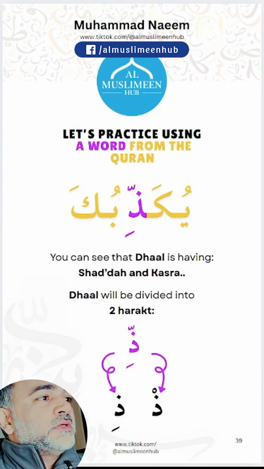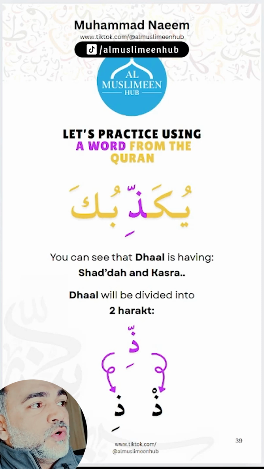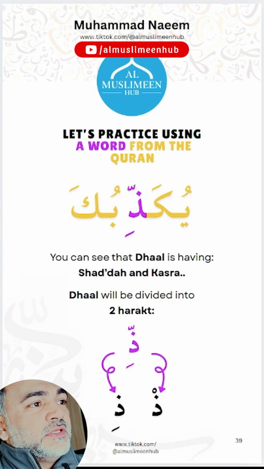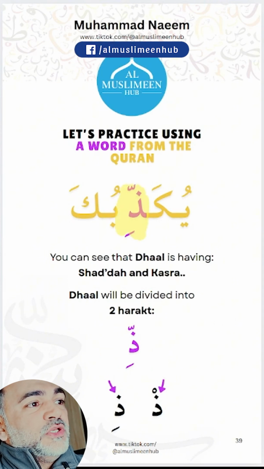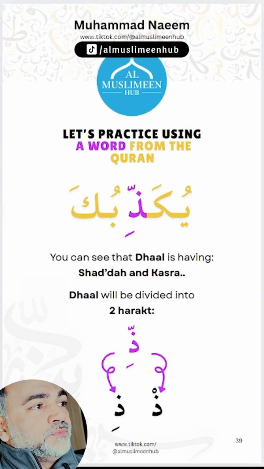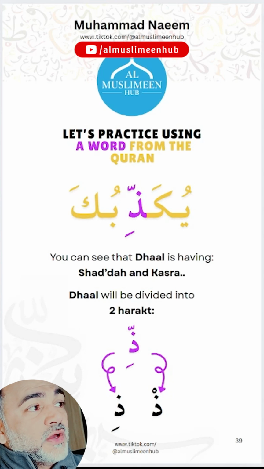As you can see here, there is another example that we will break into two components, and you know which component is to be broken. Yes, that is the dha here, because dha is having shadda. So in this case you have to divide the dha into two, the dha with sukoon and the second one is dha with kasra.